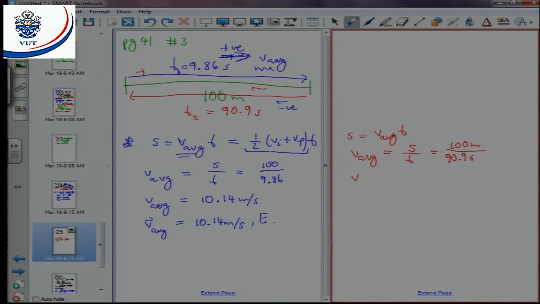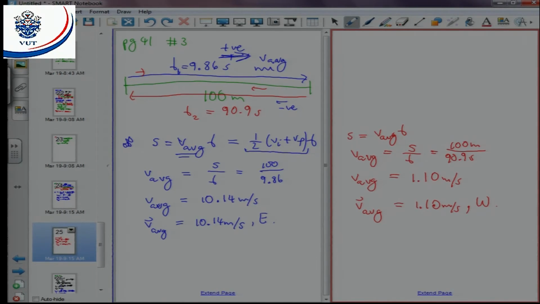If you divide those two, what you will find is the final answer for that duration is 1.10 meters per second, and that means the average velocity for the second trip is just 1.10 meters per second west.